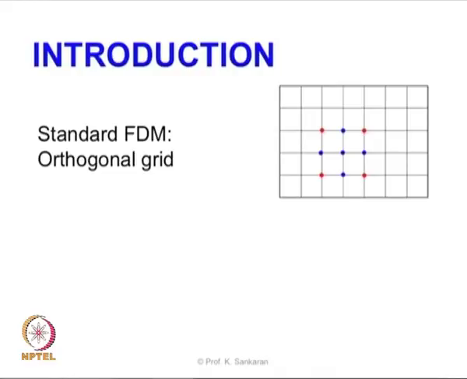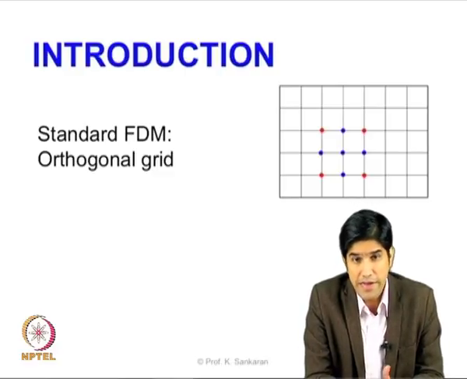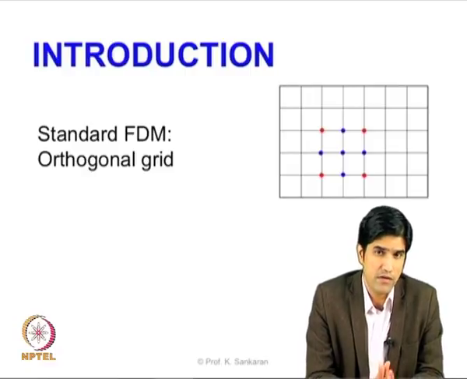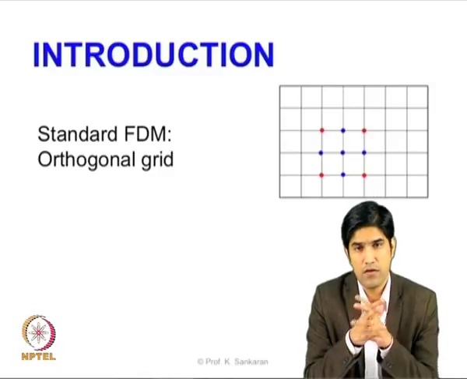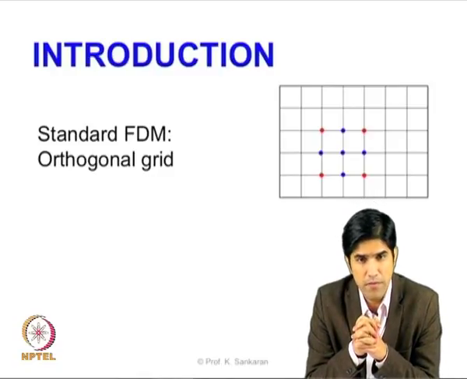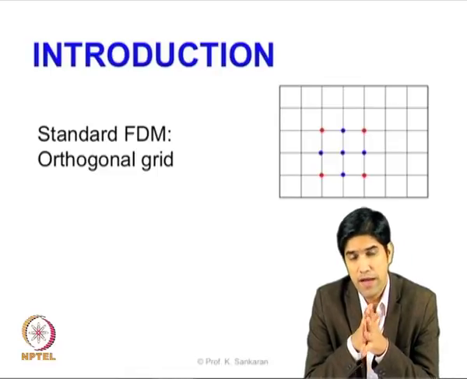We looked at the standard finite difference method as one of the first methods that we taught in this course, where we saw the Yee grid, where we have staggered Cartesian grids where the E field and H field are separated by space and time, and we saw how this structured grid helps in modeling Maxwell equation.